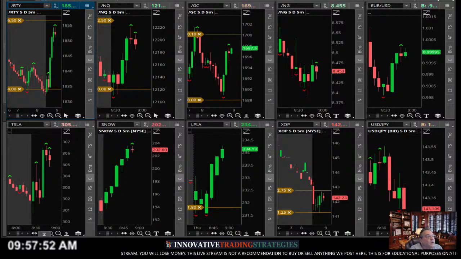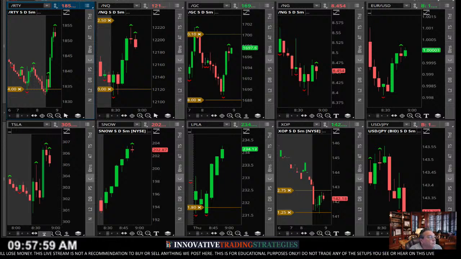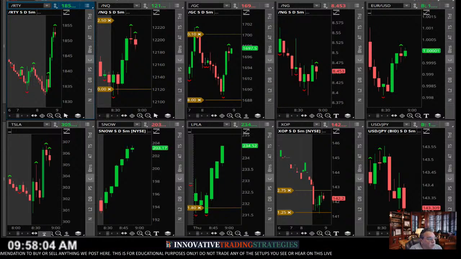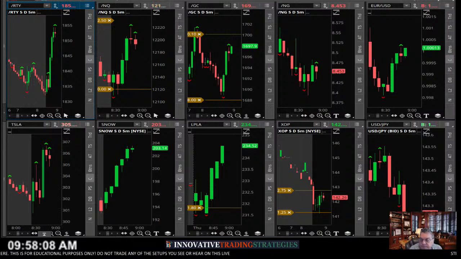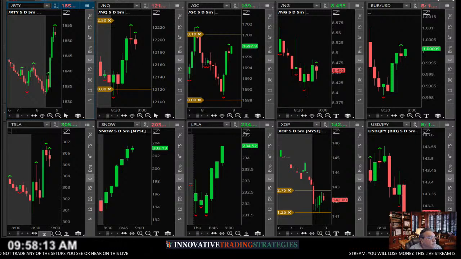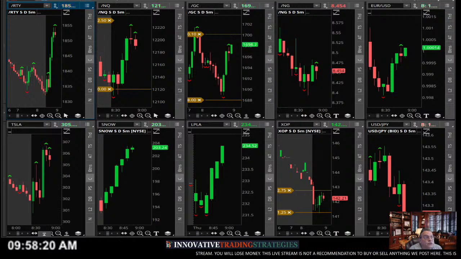All right, so we hit target on RTY. Hit target on LPLA. Still short the yen. We'll be getting out of this yen here in about a minute or so. Still short that US yen.